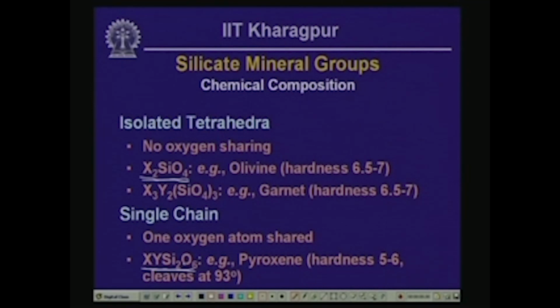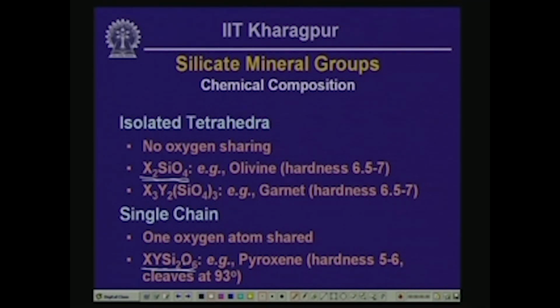By the way, you may have already understood that by X and Y I am indicating cations of different types, like calcium or magnesium or potassium or iron or aluminum, or there could be other types of cations as well. These are just a few examples of abundant cations. So here you get a chemical formulation comprised of a formula like XYSi2O6.